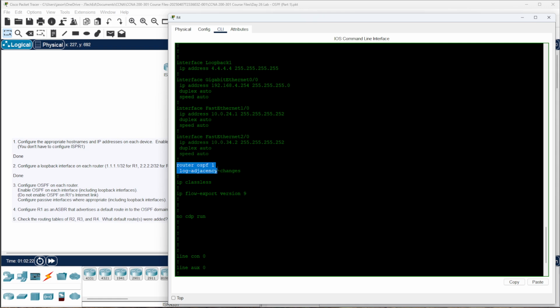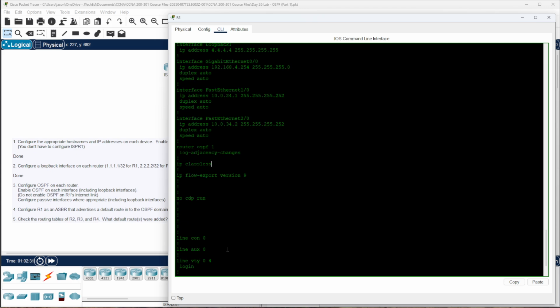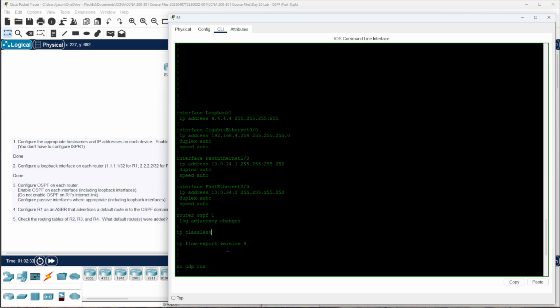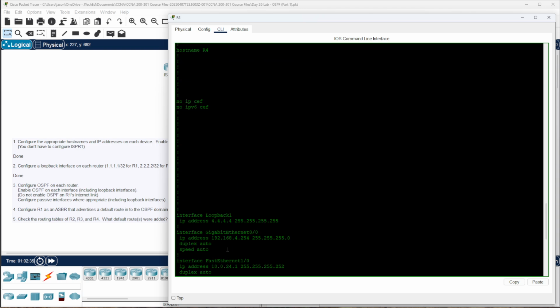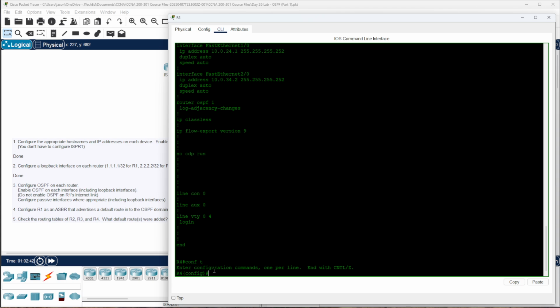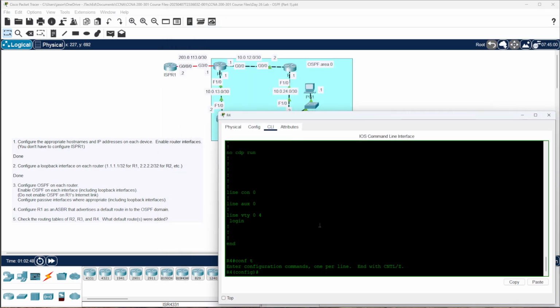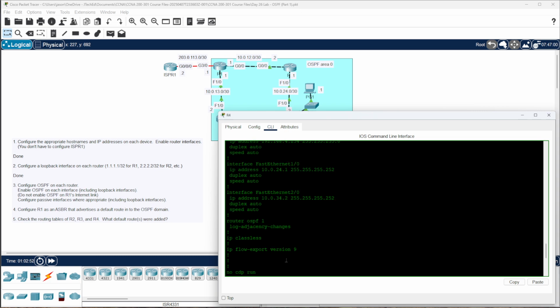So we have router OSPF 1, and that's it. So we've got to do some more OSPF on here. I'm going to remember how to do it. So we need to do something.